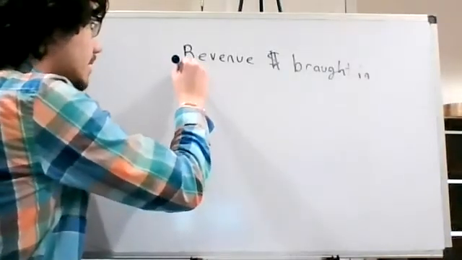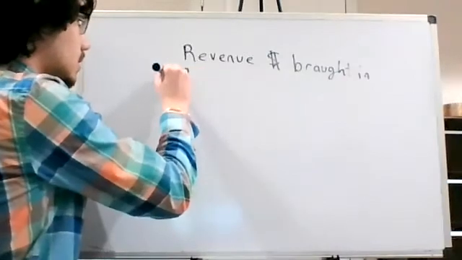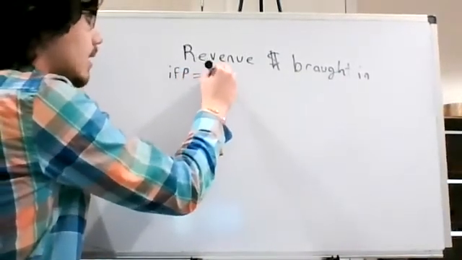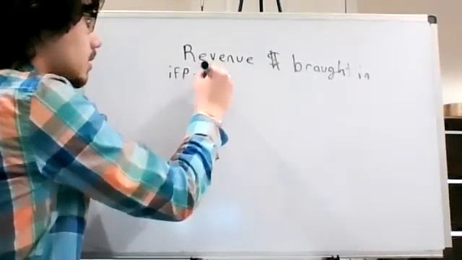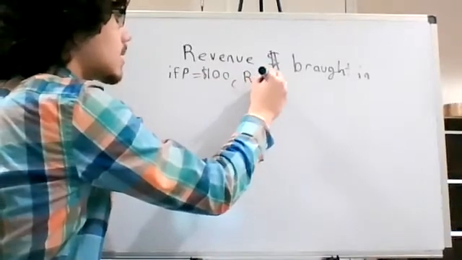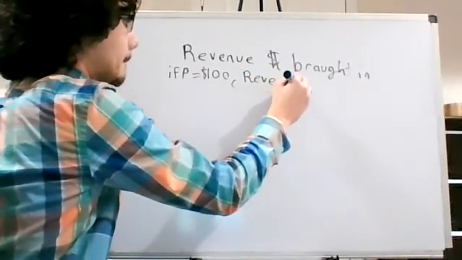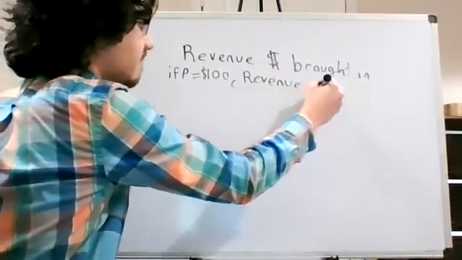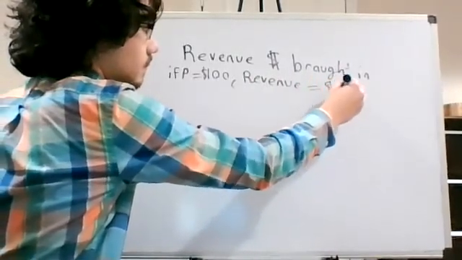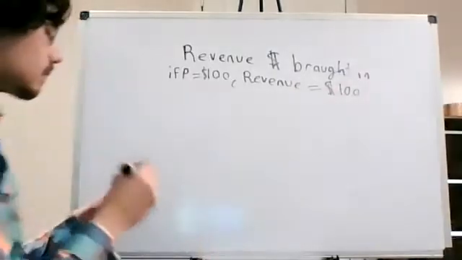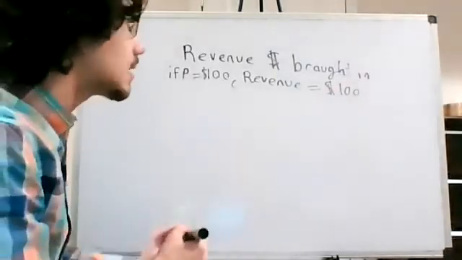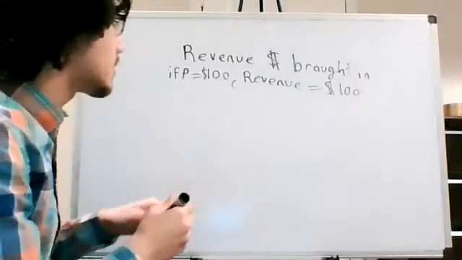So if the price of a marker equaled $100, revenue equals $100. It's simple as that. If you sell the marker for $100, the revenue is $100.